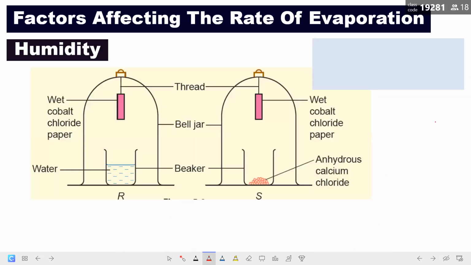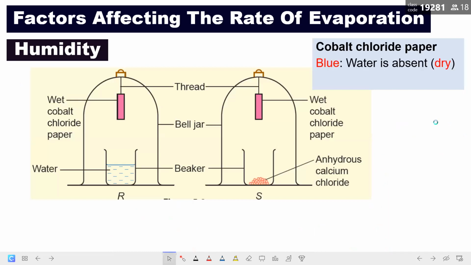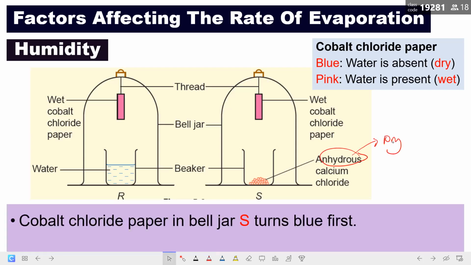So we will do this experiment again on Friday. Teacher will give you 2 bell jars. In the bell jars, I will have one with water covered with the bell jar, another with anhydrous calcium chloride. Anhydrous means it's dry. Now if I have a cobalt paper and it's pink in color, it means water is present. If it's blue in color, it means water is absent.